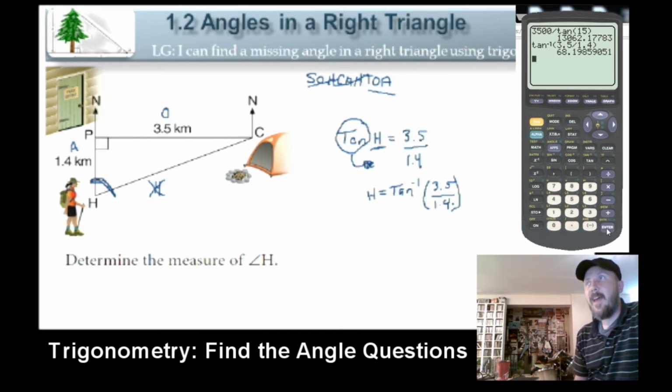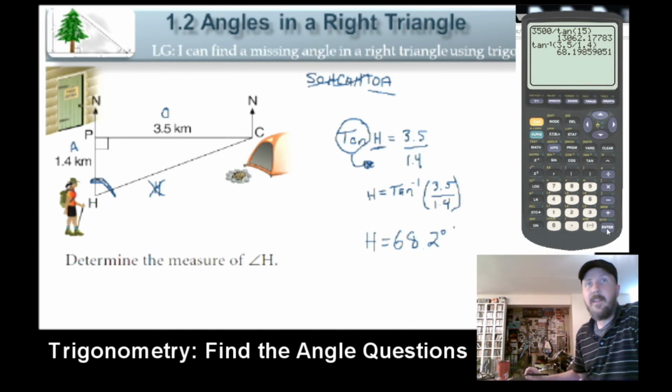What it's saying is that is 68 point, I'm going to say 2 degrees. So H is equal to 68.2 degrees. There we go.